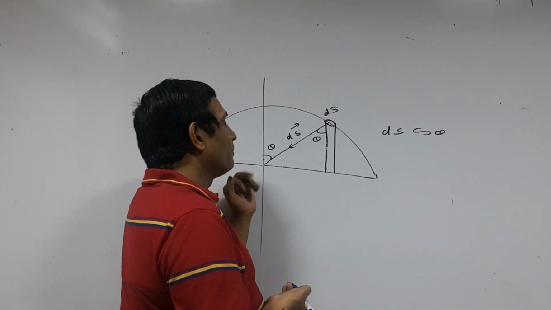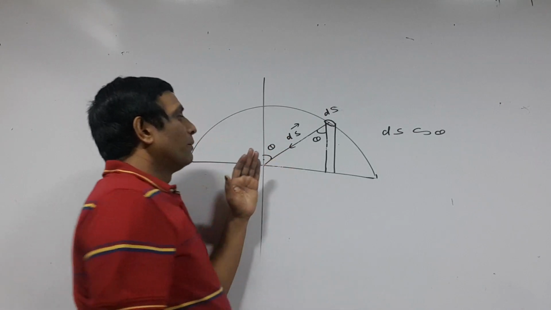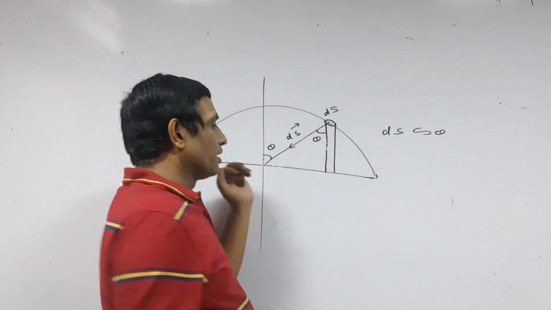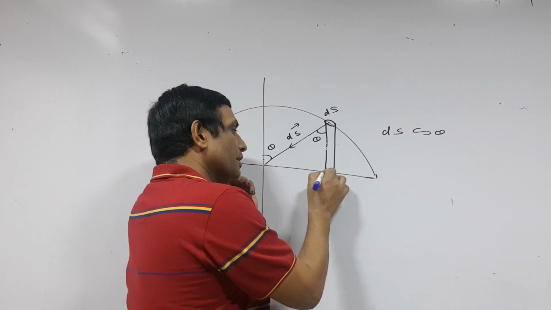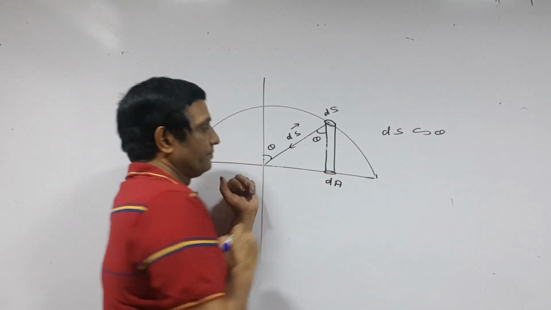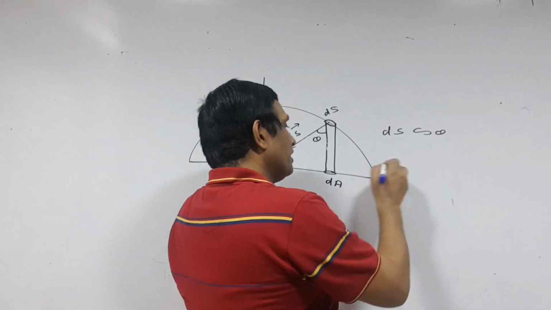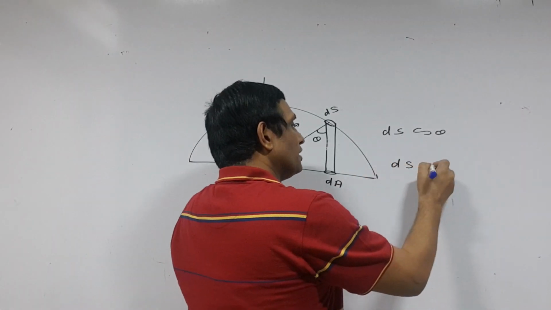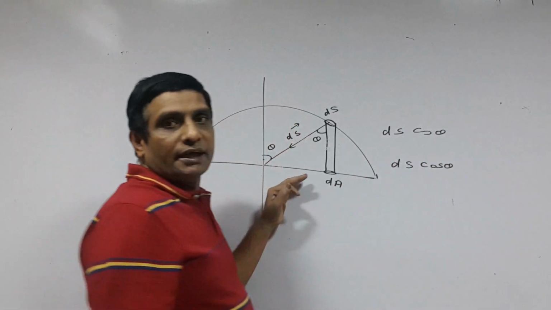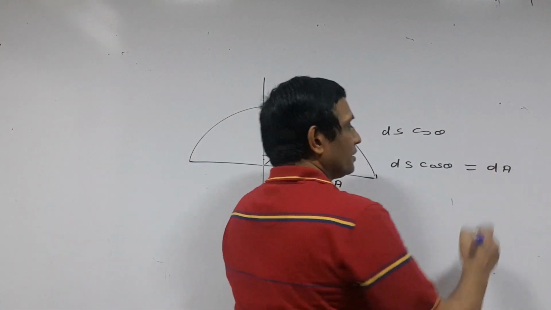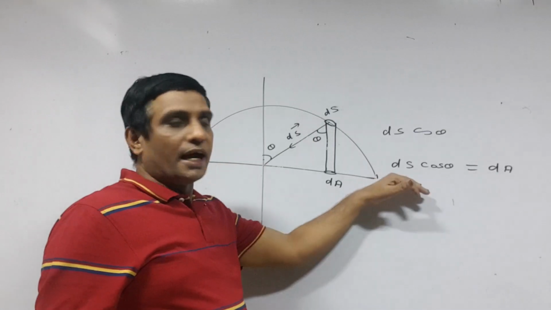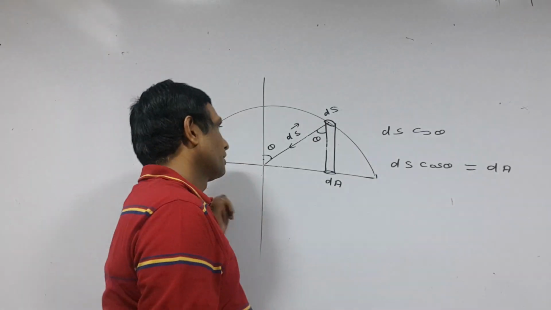By the concept of component, the component of ds in this direction will be ds cos theta, and that component will be equal to this area dA. So we can write ds cos theta as dA.